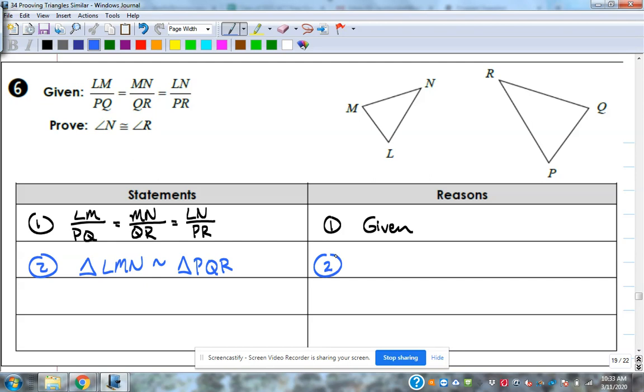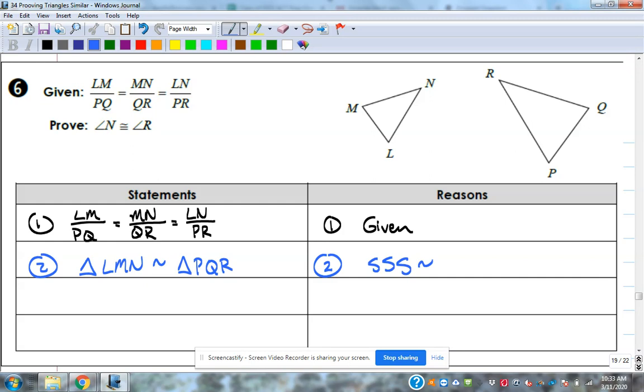What do y'all say? Why can we say that those are similar by side? You got the ratios or the proportions set up where all 3 of them are equal to each other. Side similarity, that's what you got to have, and that's what was given to us. So we get similar triangles there.